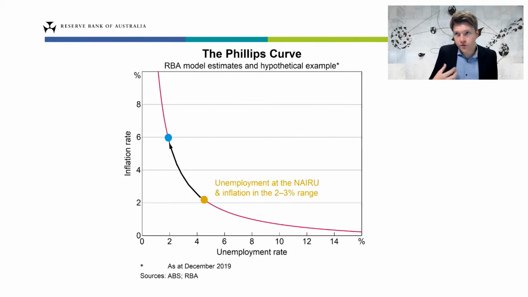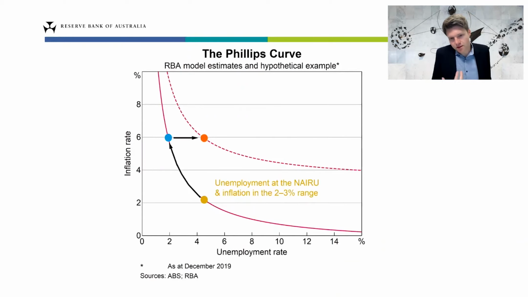And so when firms pay those higher wages, their costs go up and they're going to cut back on the number of people that they employ. And so what happens is that the Phillips curve shifts to the right, and we end up at this orange dot here, where the unemployment rate is back to the NAIRU and inflation has stabilized at a higher level than what it was at previously.